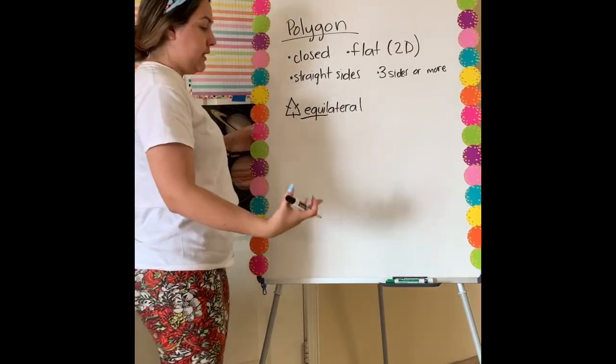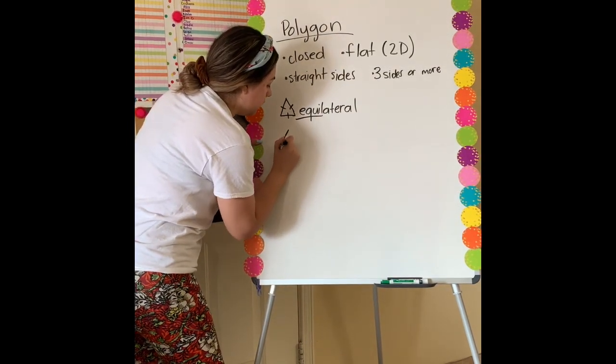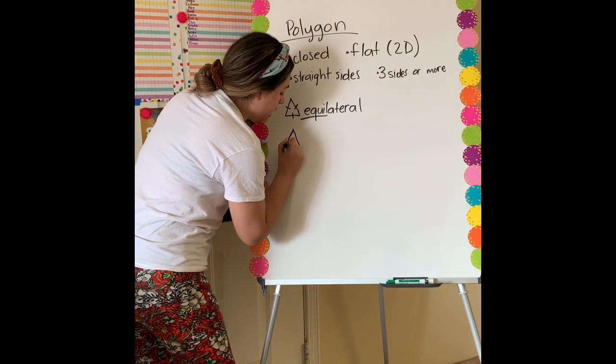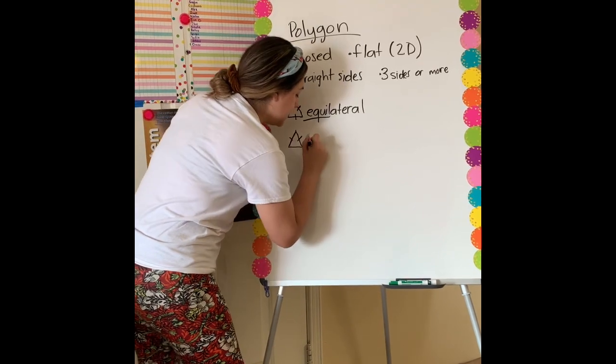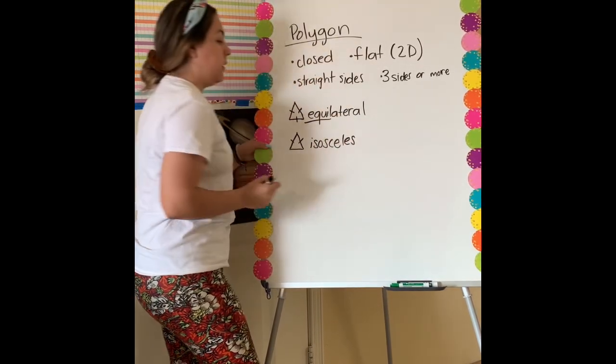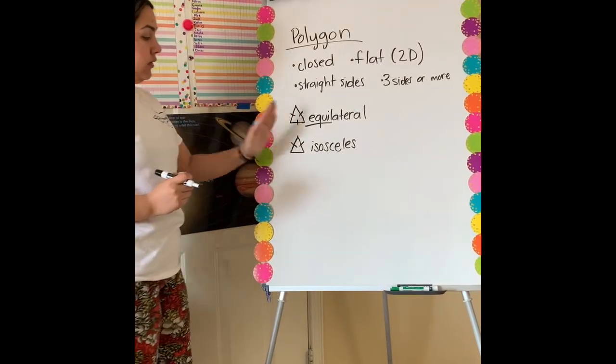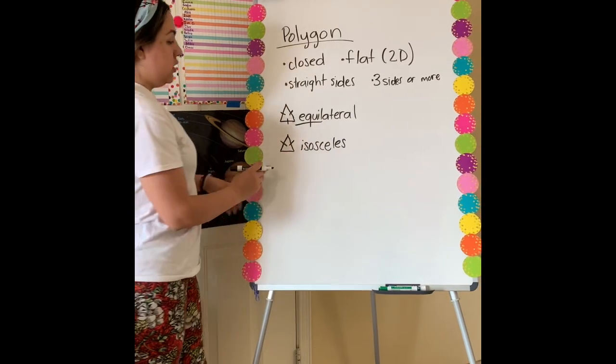This is the prefix equal. The next triangle is called an isosceles triangle. And this one, there's 2 sides that are equal. This one and this one. Okay?